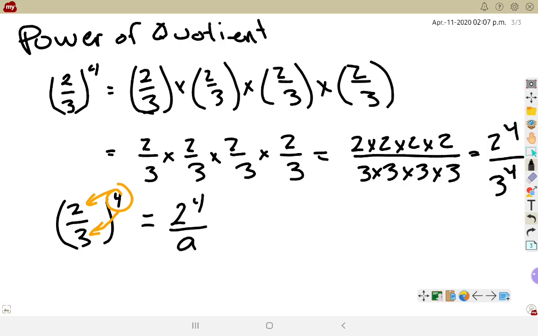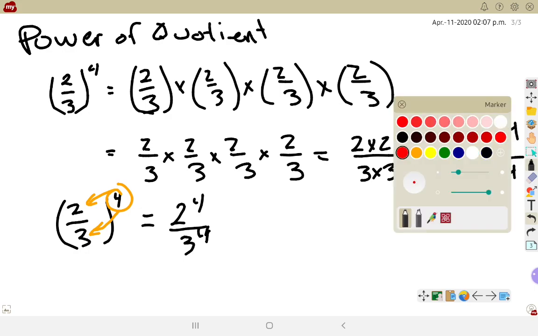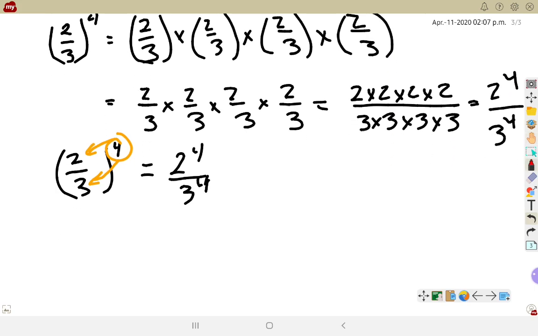Okay, oops, not a, it's a 3. Okay, so this law, as we write it out, we would have it as a over b to an exponent of m is equal to a with an exponent of m divided by b with an exponent of m.